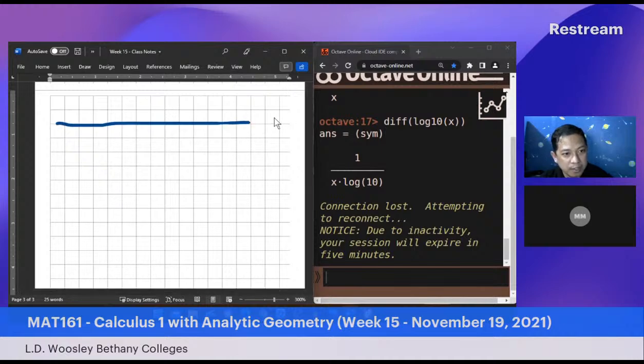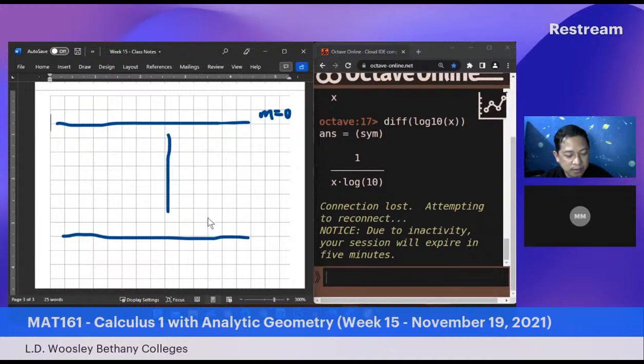Okay? So we have here, anong slope ng horizontal line, Micaela? Zero. Okay, good. So slope niyan, 0. How about the vertical line?